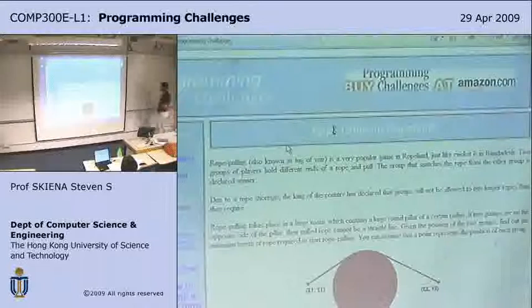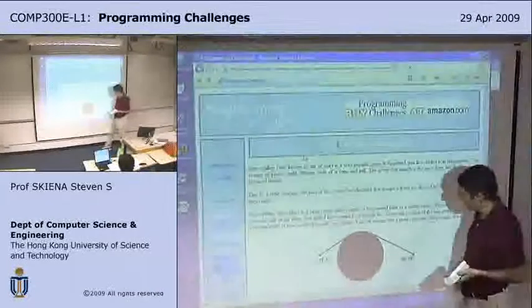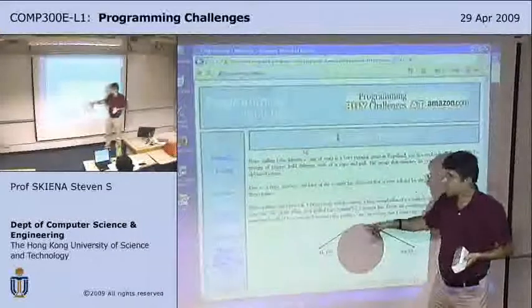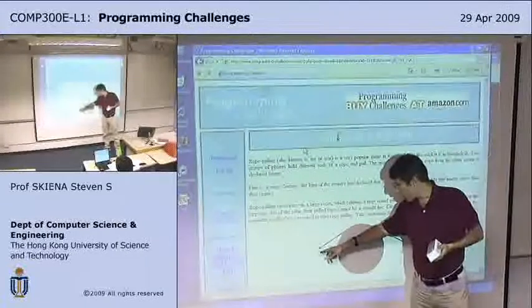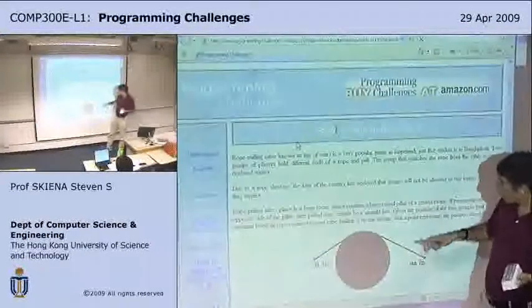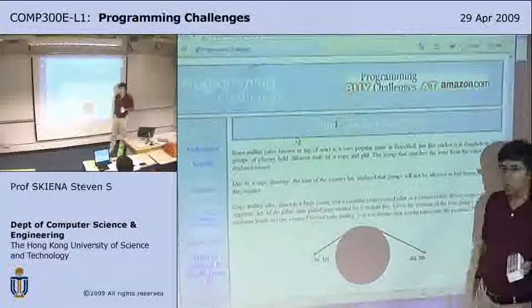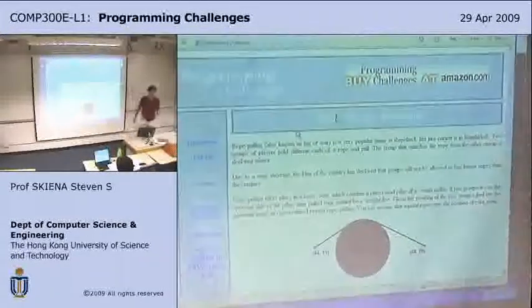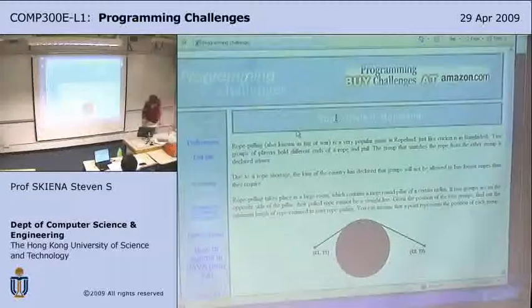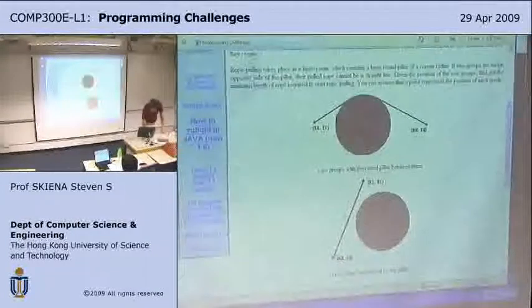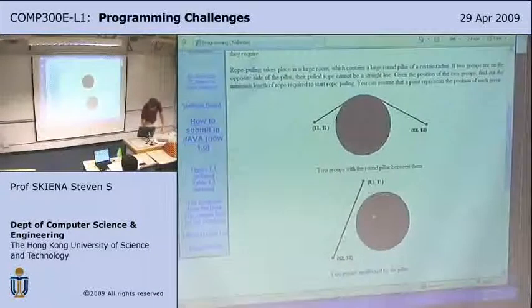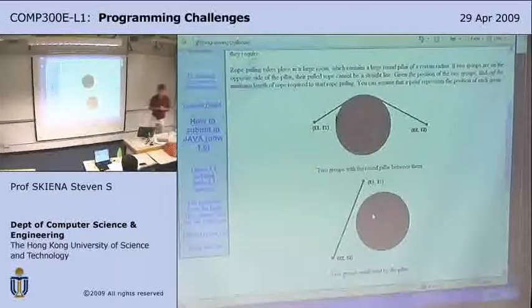So the problem is, as we said, you've got a world where you've got a thick circular post. You've got 2 points, and you want to string a rope between those 2 points. Does everybody see that? Under some circumstances, as we show here, the shortest distance between them misses the circle.